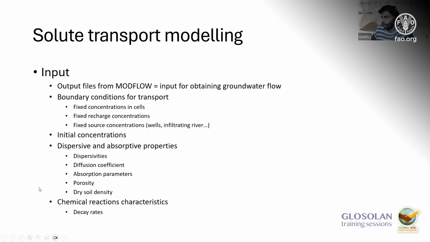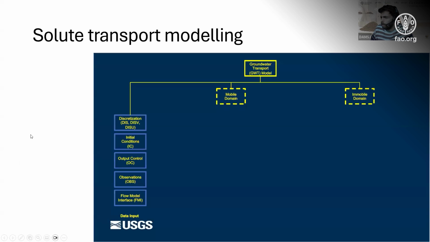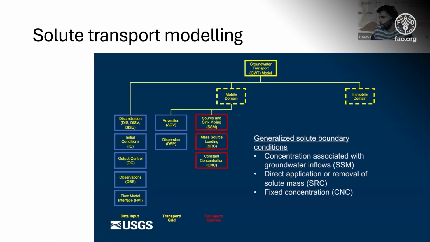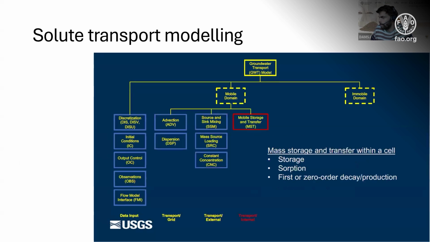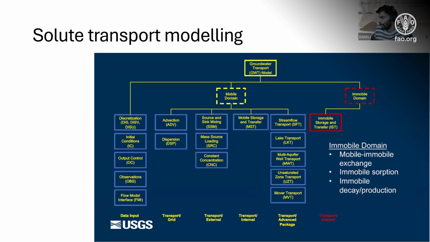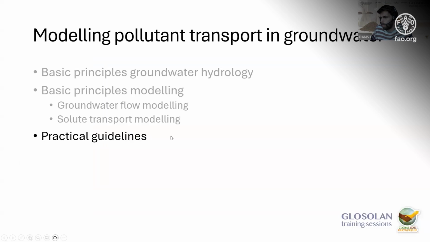And decay rates can also be specified. Maybe these are all the packages that exist in MODFLOW for the solute transport model. So they describe the input on what I just specified. I will go very quickly over them. You can just see them in the slides afterwards.